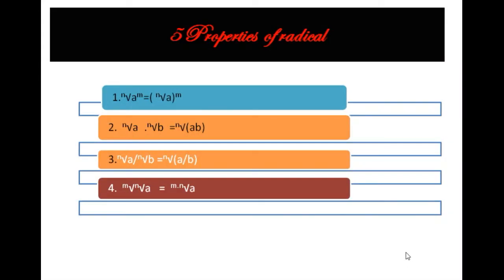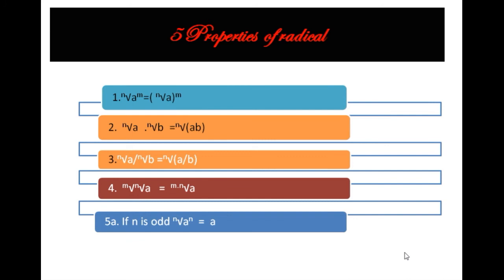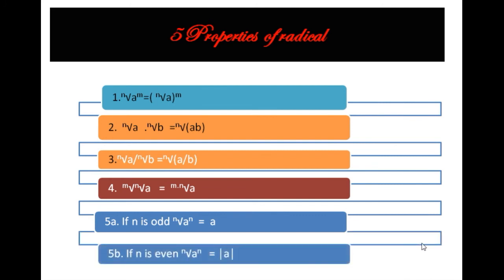Property number 5 is divided into two parts. First we will see the first part. If n is odd, then the nth root of a to the power n is equal to a. Now see the second part. If n is even, then the nth root of a to the power n is equal to the actual value of a.